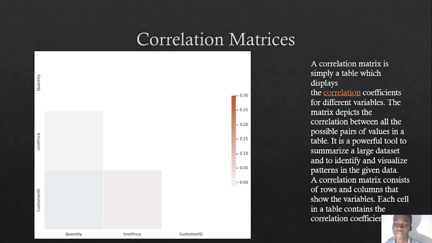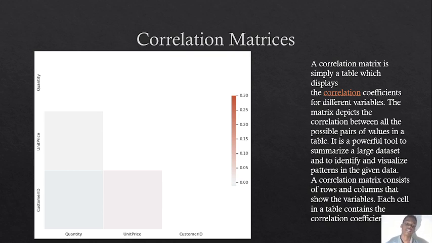It is a powerful tool to summarize a large data set and to identify and visualize patterns in a given data set. A correlation matrix consists of rows and columns that show the variables, and each cell in the table contains the correlation coefficient.